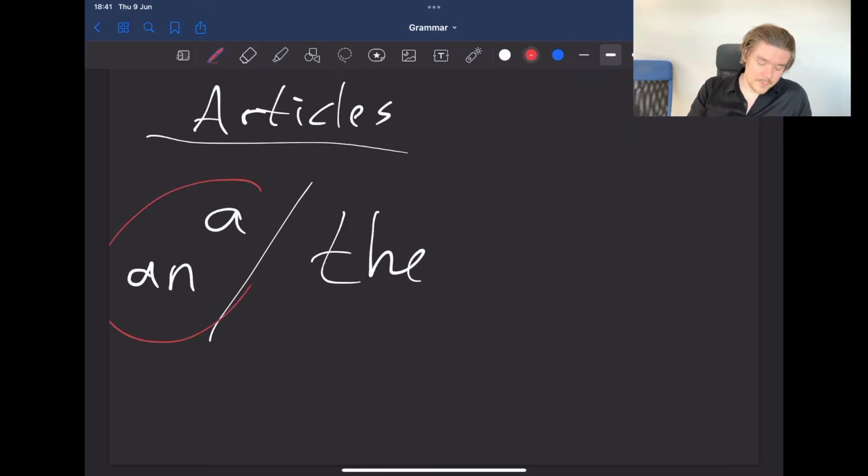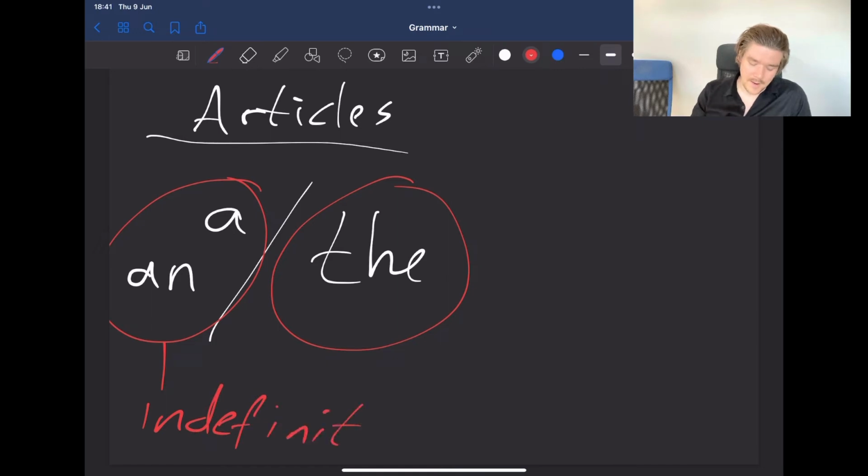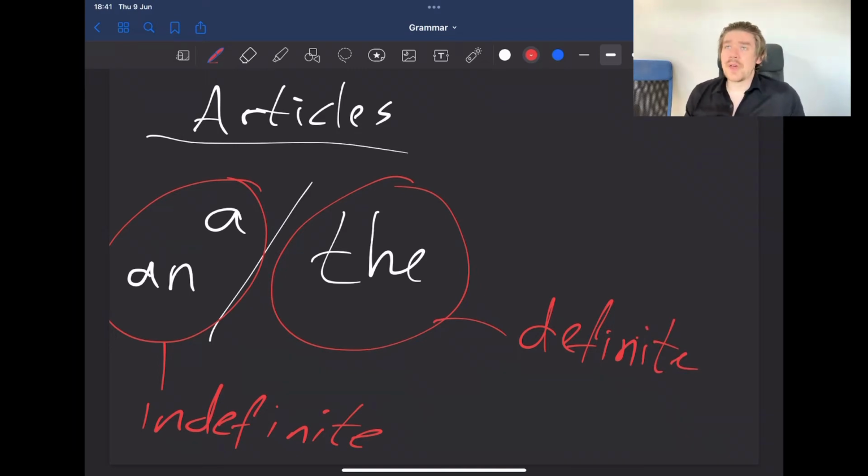So these two are used for different purposes. So a and an are indefinite articles, and the is the definite article. They are always used together with some sort of noun phrase.